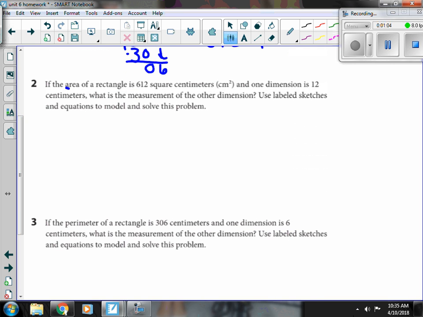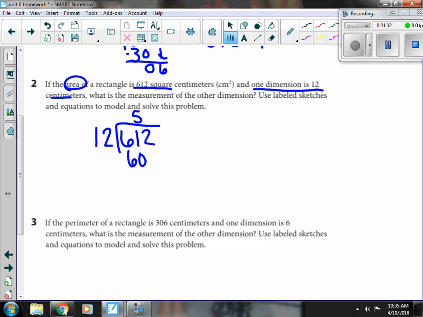Number 2, if the area is 612 square centimeters and one dimension is 12 centimeters, what is the other? So once again, I'm going to divide. 12 can't go into 6. 12 can go into 61, and I'm going to say 5 times. 5 times 12 is 60.